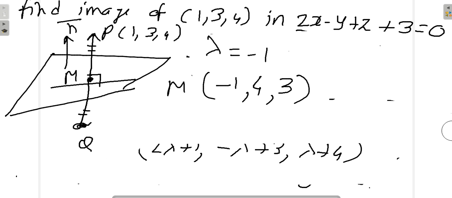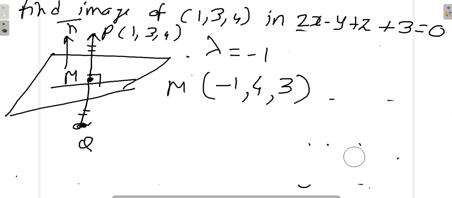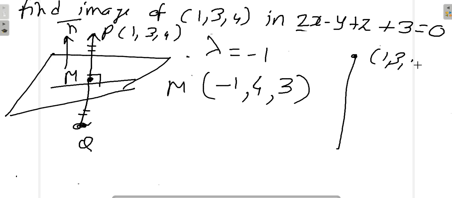And once you get the coordinates of M, you can easily obtain the coordinates of Q. This is the situation. This is (1, 3, 4).